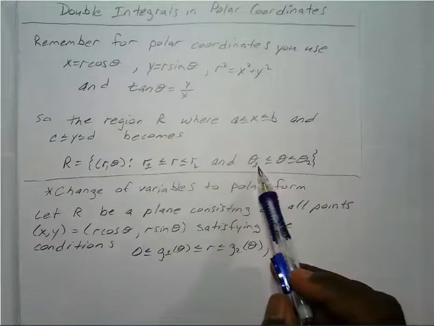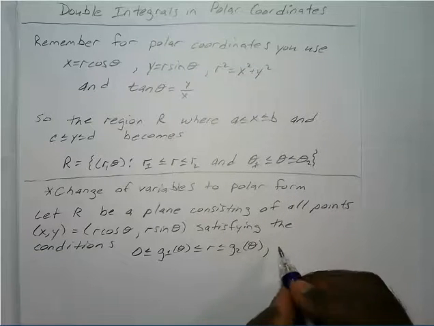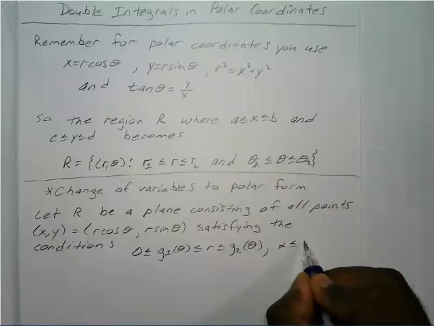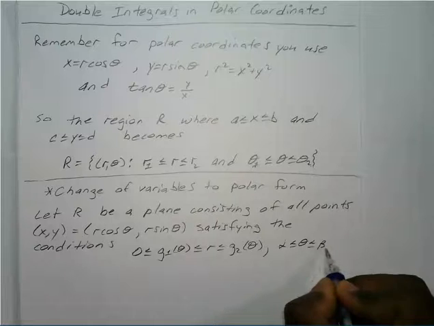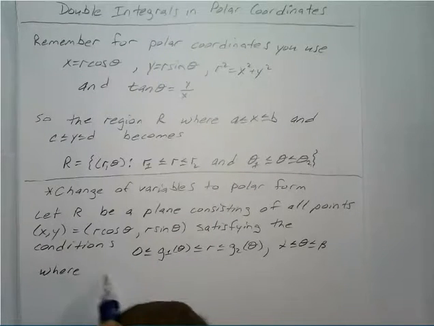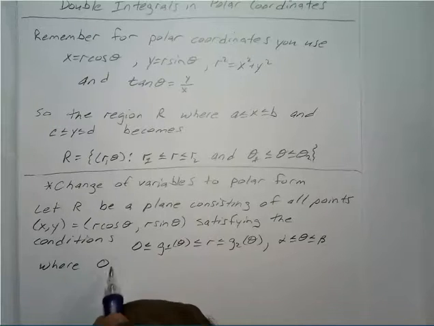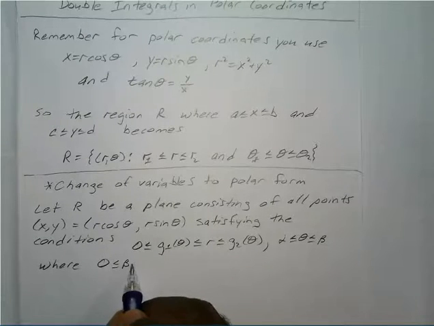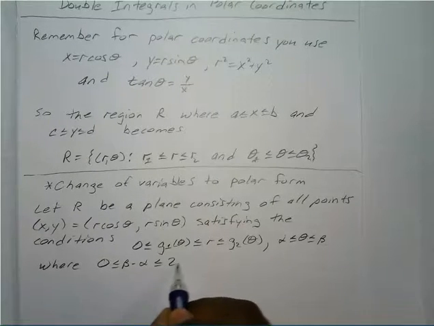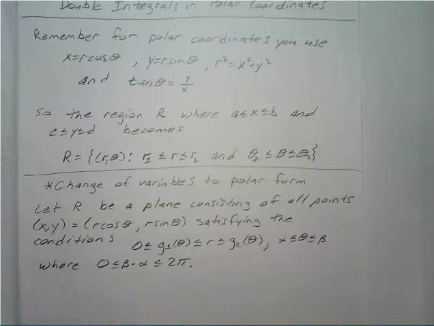Theta is between, we'll call them alpha and beta, and the distance between alpha and beta is between 0 and 2 pi, so we're not going around over and over again.